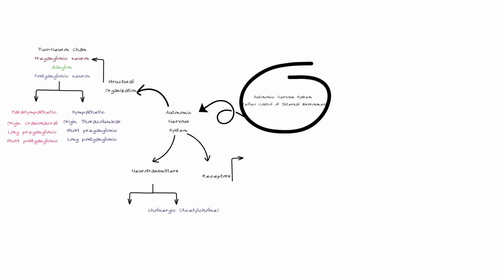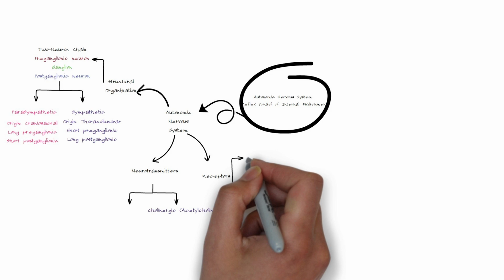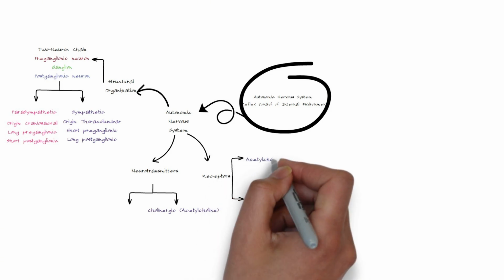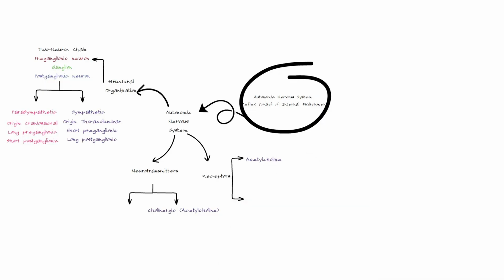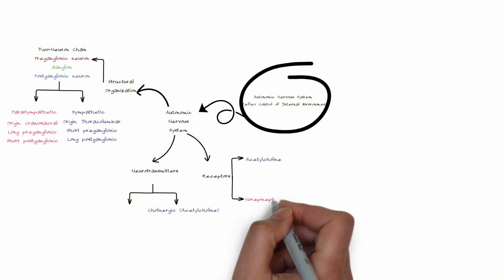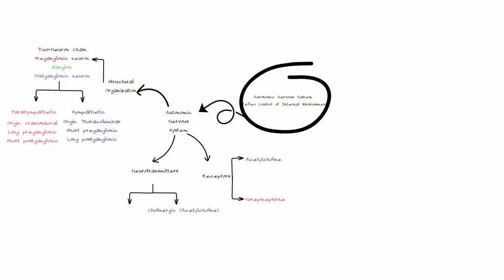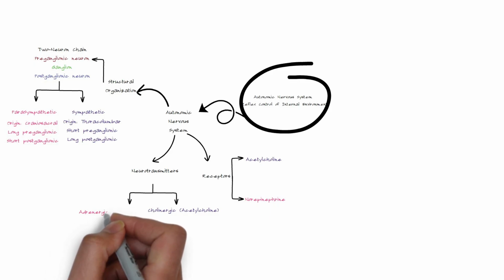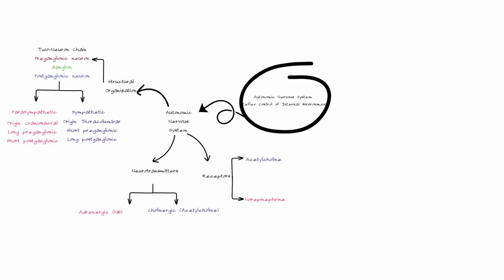Let's zoom out and see the whole picture. We talked about the autonomic nervous system, the structure, organization, that the efferent autonomic is divided into preganglionic and postganglionic, and the difference between the sympathetic and parasympathetic. Then we talked about the neurotransmitters, the acetylcholine released from the cholinergic, and the norepinephrine released from the adrenergic.